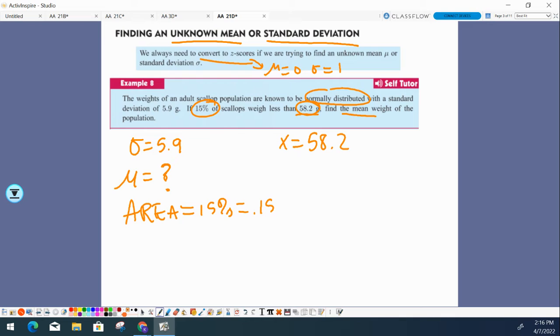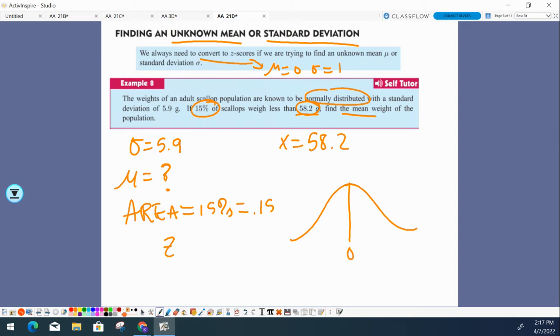All right, so let's first convert to our z-score. So what we want to know is, thinking of our mean, we're going to look for our z-score value. All right, so let's go to finding the z-score. Go to the distribution.